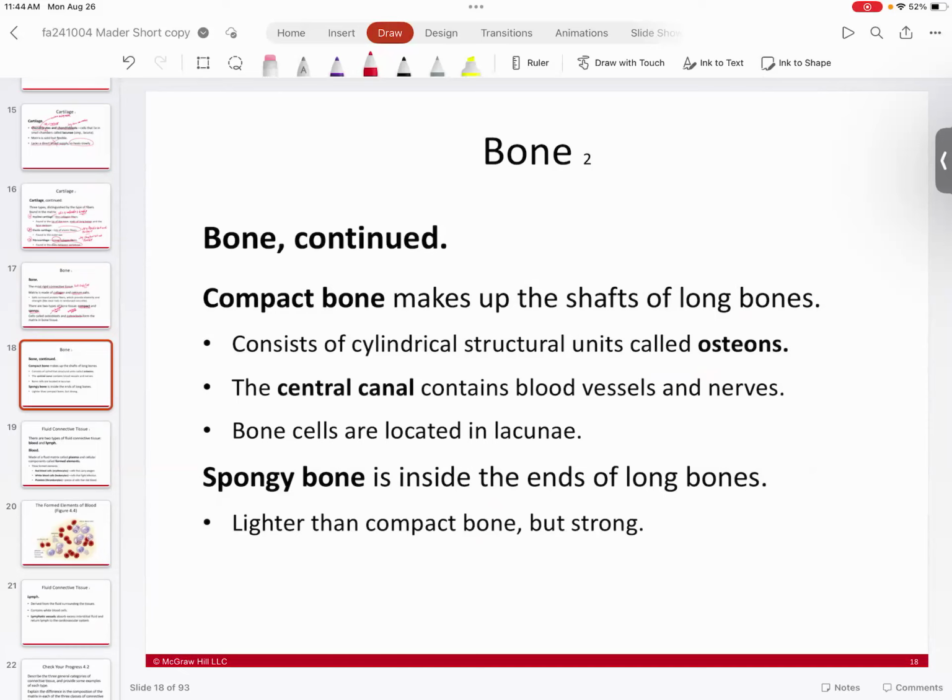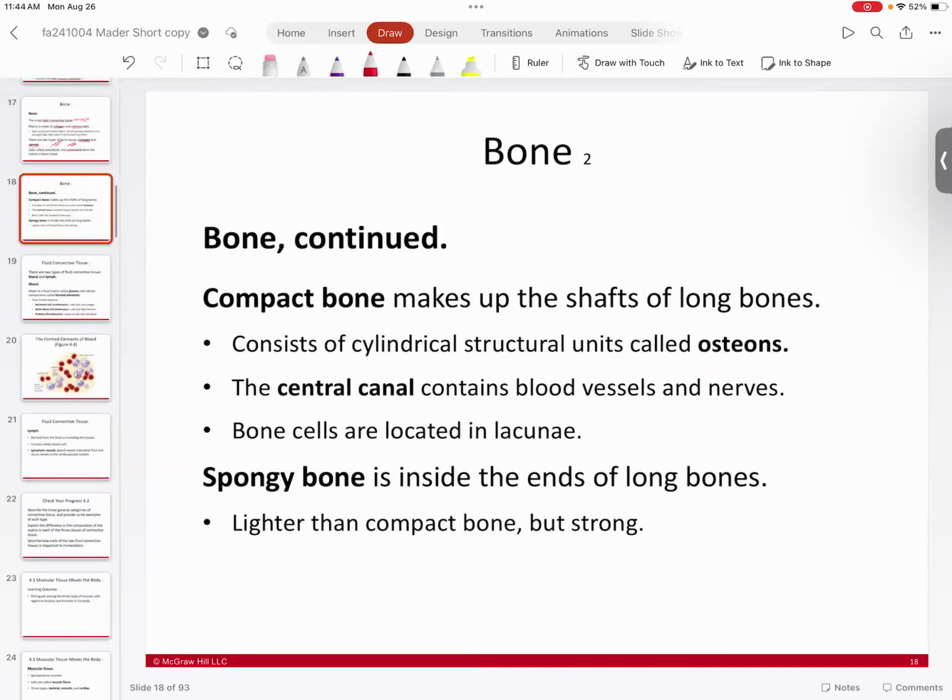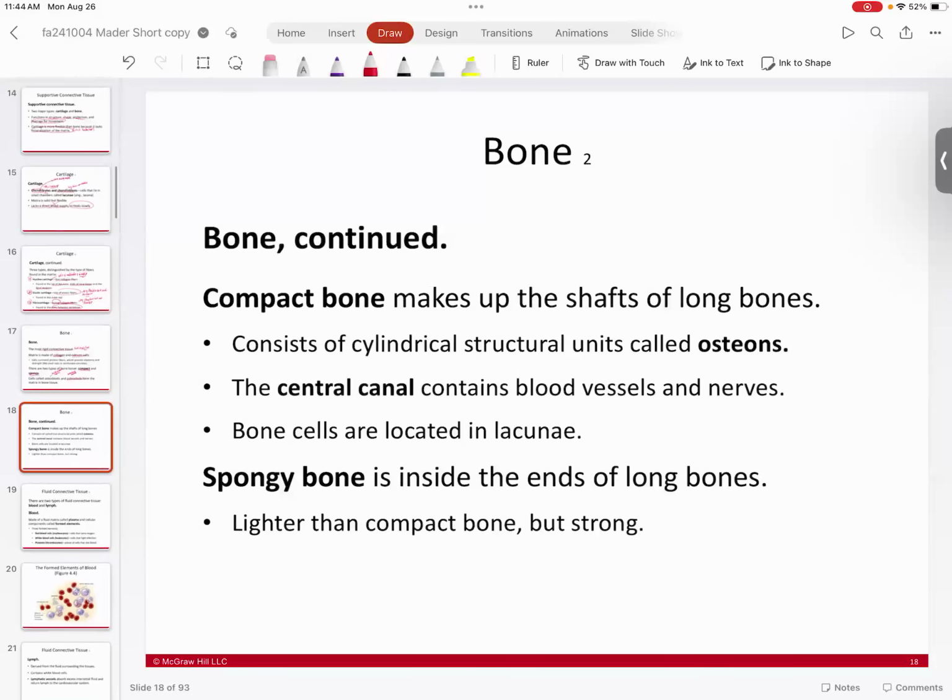So when you take a look at the structure of the bones, the compact bone, which we're going to see a picture of here in just a second, is essentially the shaft of a long bone, right? So ultimately, it's made of these sort of cylindrical structures called osteons. We saw a picture of that before.